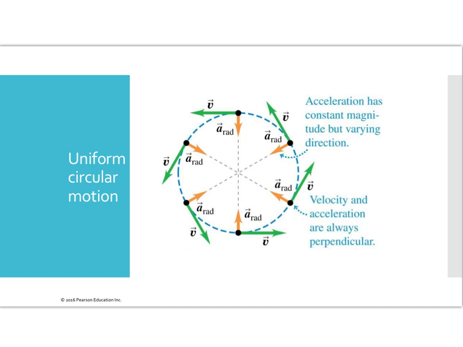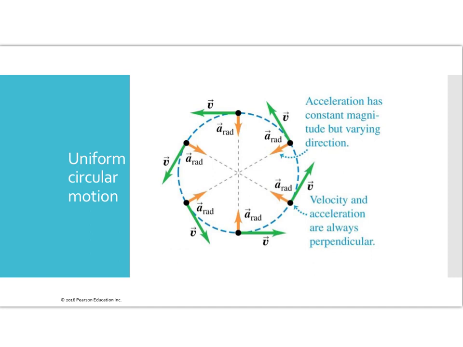So we learned when we started talking about two-dimensional motion that we have to consider that acceleration can be caused by simply a change in direction of the velocity. So we talk about the phenomena when an object is traveling in a circle with a constant speed.